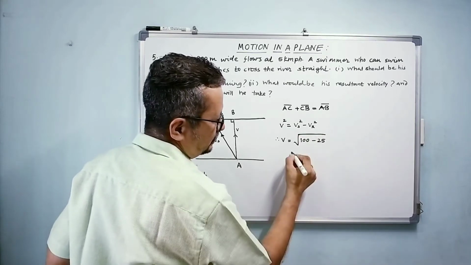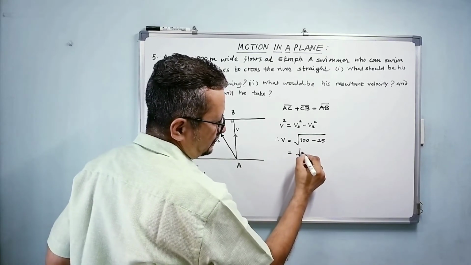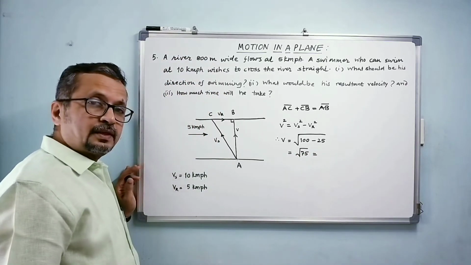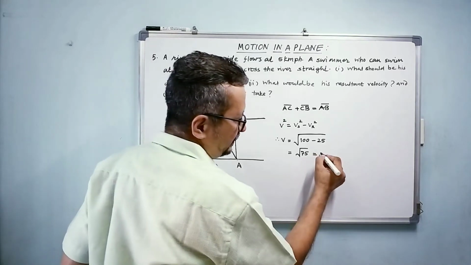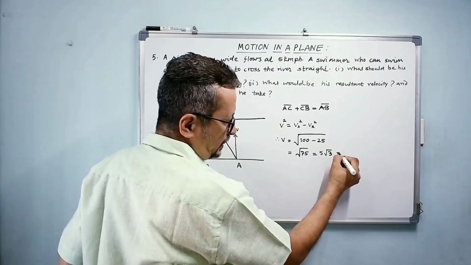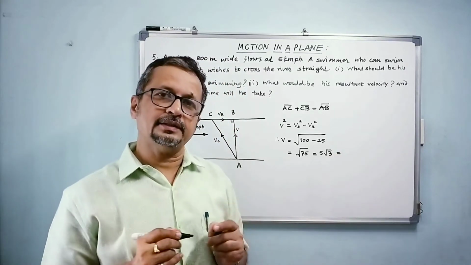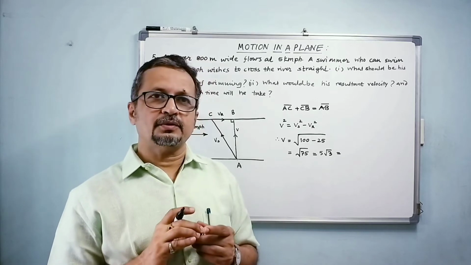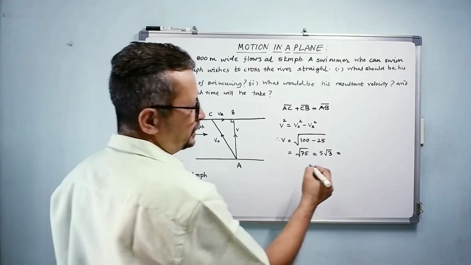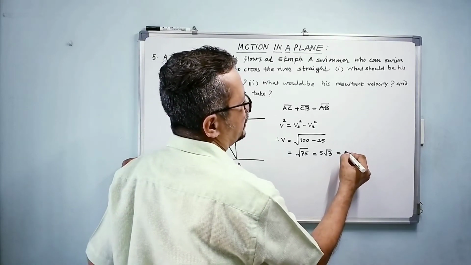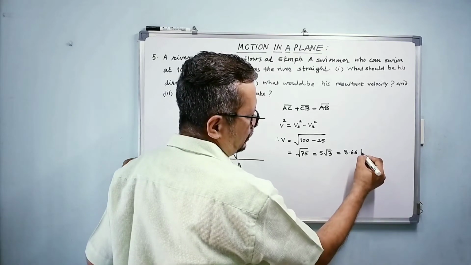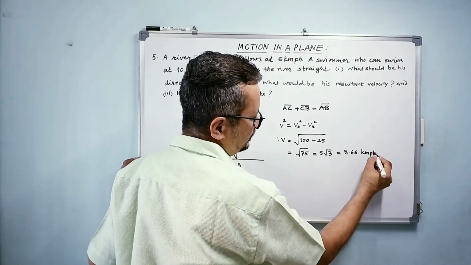So root of 75. 25 into 3 is 75, so 5 root 3. Root 3 is 1.732, and multiplied by 5, it is going to be equal to 8.66 approximately kilometer per hour.